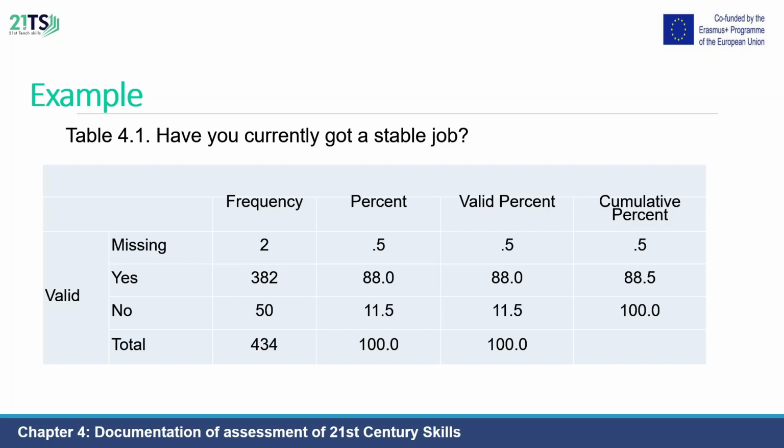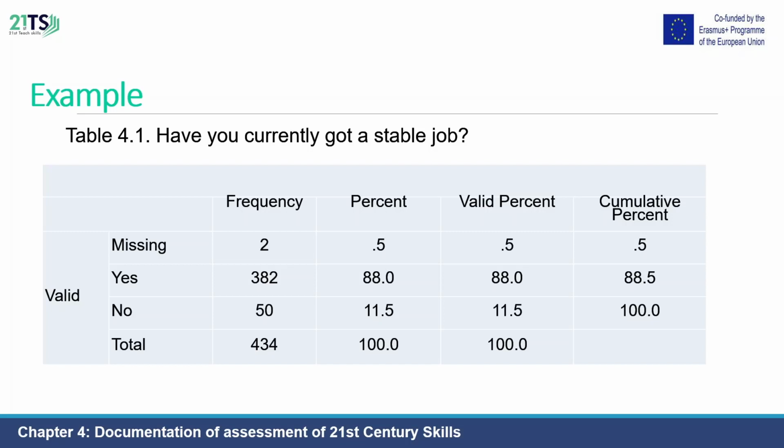Here is an example of a statistic which answers the question of whether you currently have a stable job. So the statistic can be organized into the frequency, percentage, or accumulative percentage.